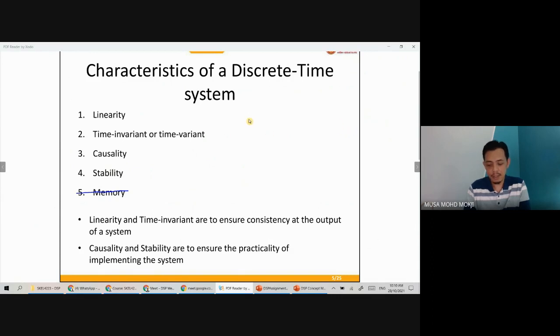A system is an equation where you have input, output, and a process. When there's input, output, and process, that's what we call a system. If it is just a sequence of values, that is a signal.